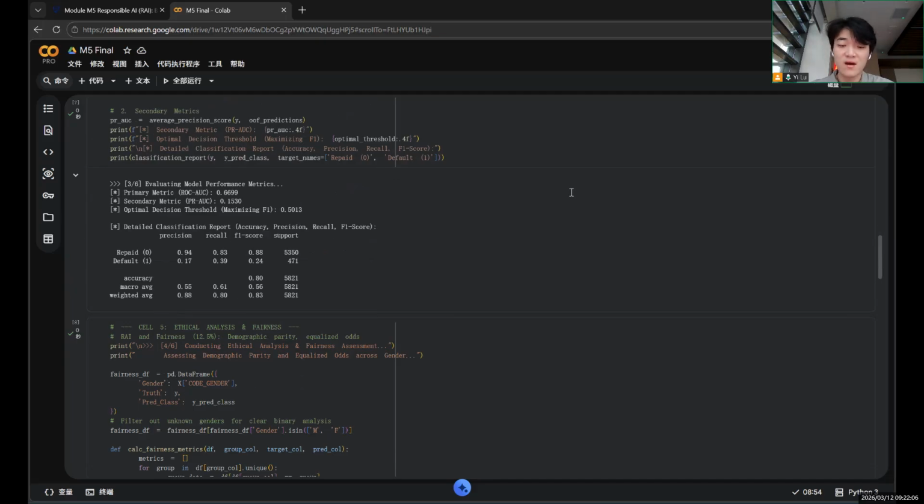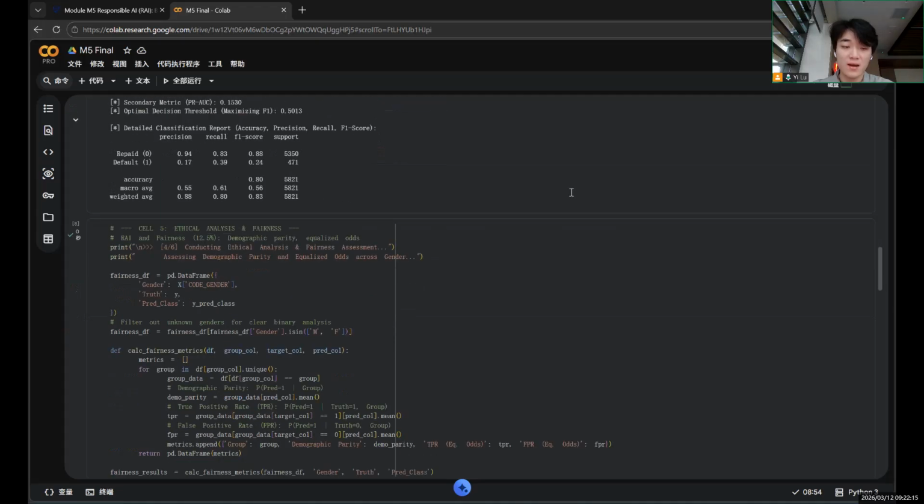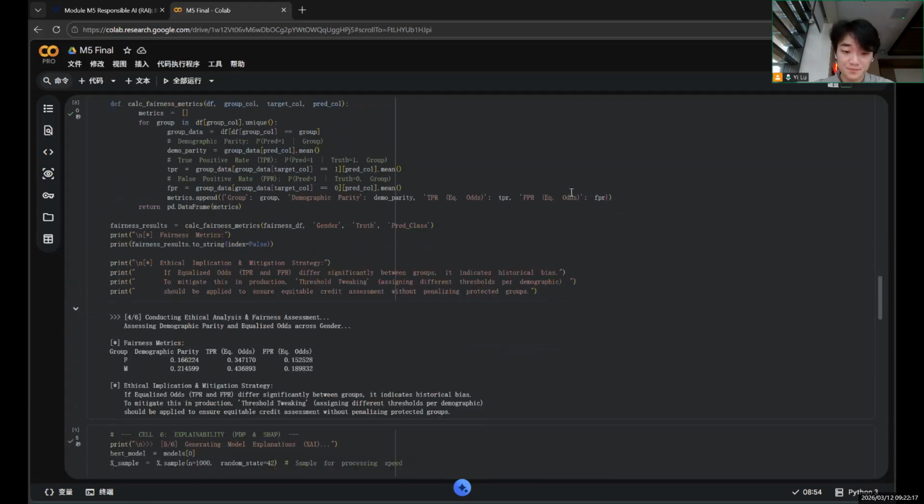To prevent this, accountability and fairness checks must be explicitly coded into the pipeline. In this notebook, I conduct a rigorous fairness assessment focusing on gender as a protected attribute.